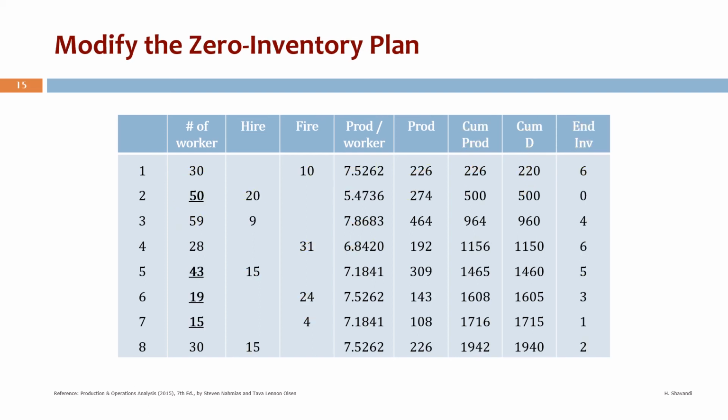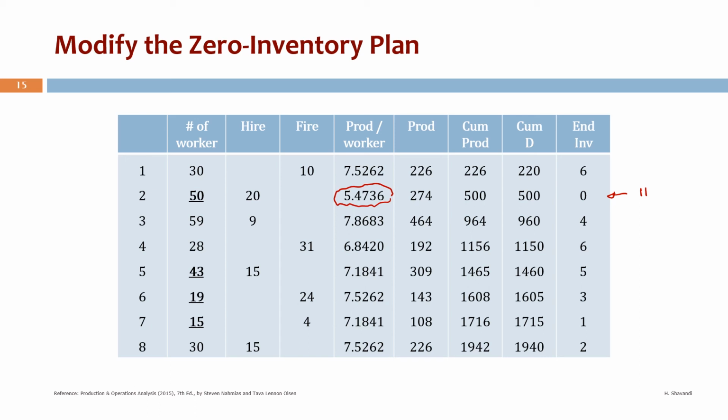Here we can modify the zero inventory plan. For example, for the second month, as you see in the table in the previous slide, we are going to have 11 items at the end of month 2 in our inventory. So look at here, each worker in this month is producing 5.47 items, right?